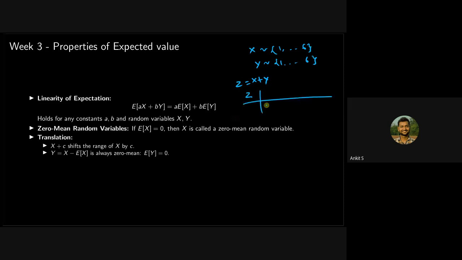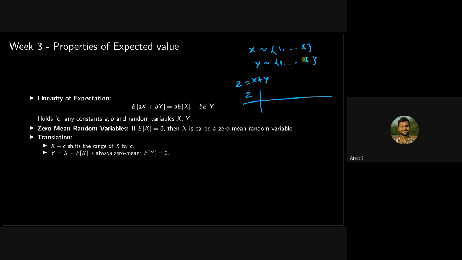If you go by the traditional method, how many values will z take? It will take 2, 3, 4, just like that, right? So how many values will it take?